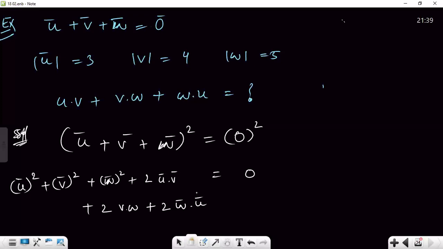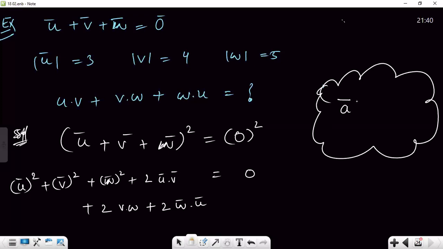Now, one thing to understand: what is u vector square? What is a vector square? It is the dot product. We know if a vector gets a scalar product with itself, the theta is 0.